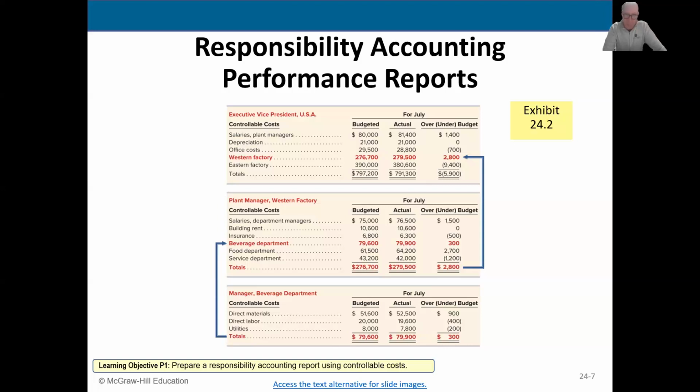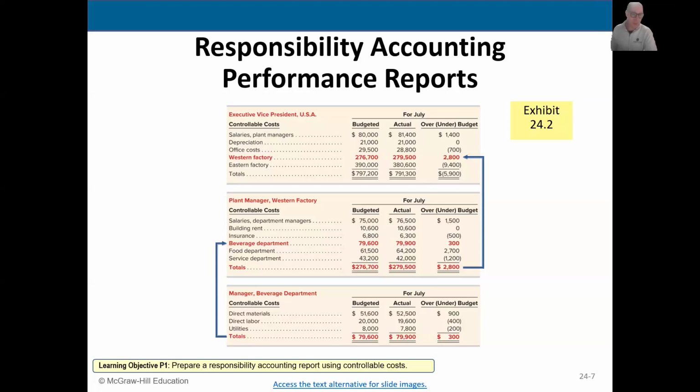You can see the differences from each level of management. You can also see the potential impact on those managers. Now, the department managers are only over budget by a little bit. Maybe not the biggest deal, right?